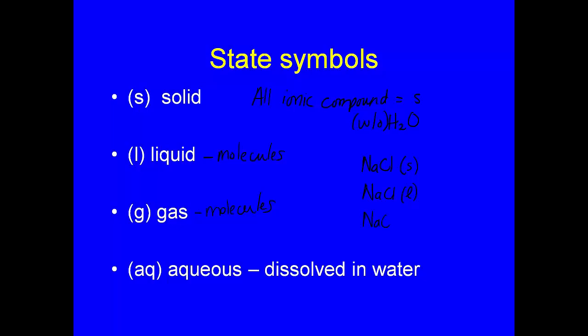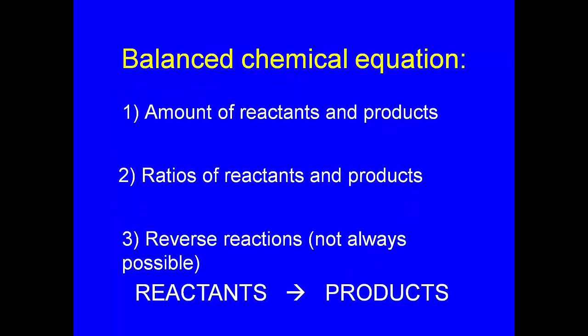You have NaCl, gas. You've heated it so high you've changed that liquid to a gas. You have NaCl, aqueous. You have salt water. So by the state symbols, you are telling me more information that really is pretty important as we start going through it. The steps are all written here.